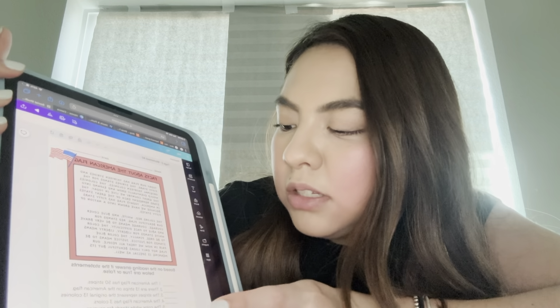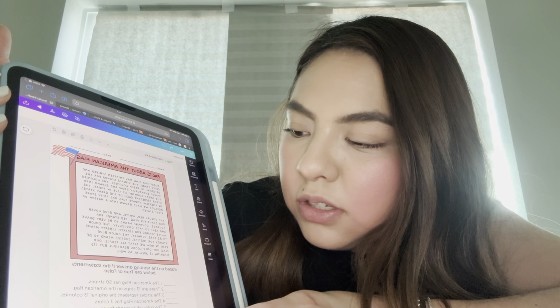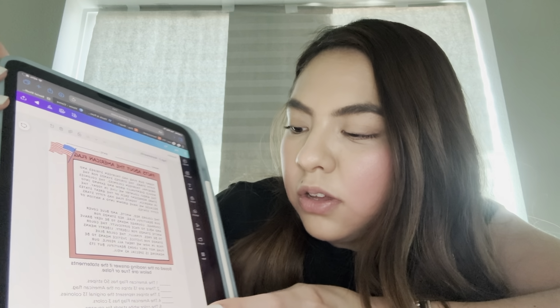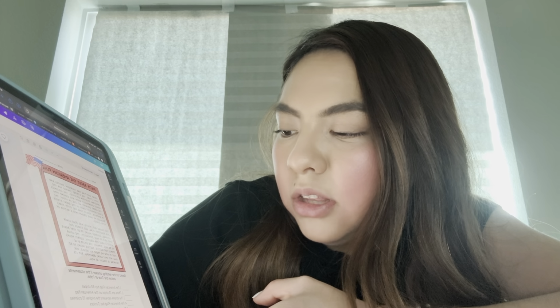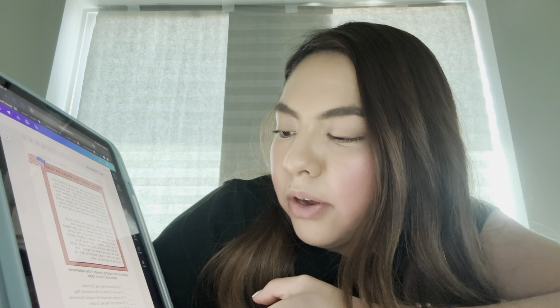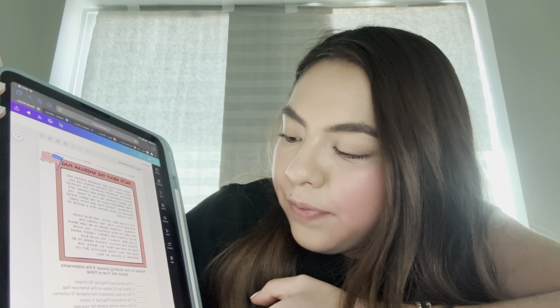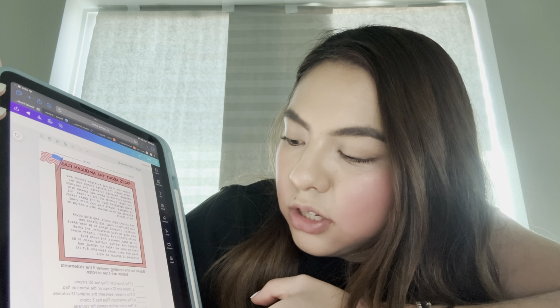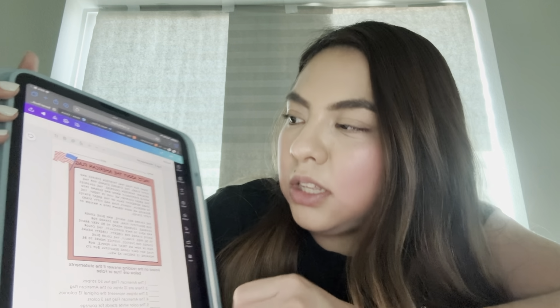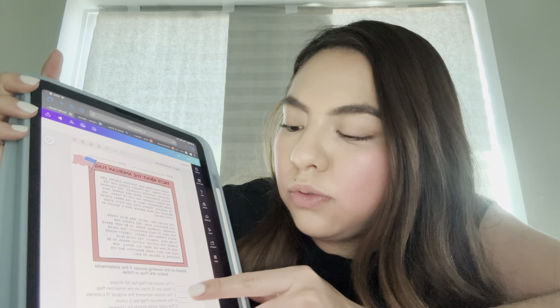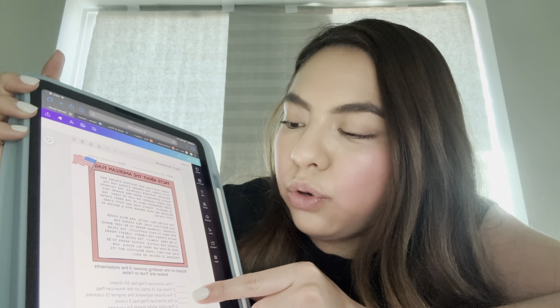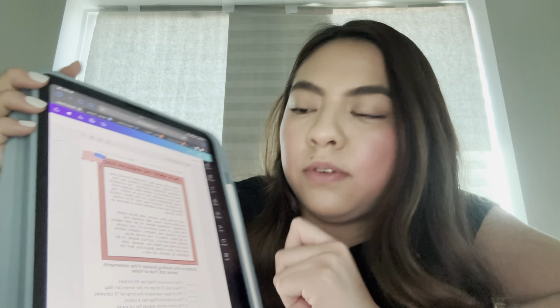It says, based on the reading, answer if the statements below are true or false. The statements are: the American flag has 50 stripes. There are 13 stripes on the American flag. These stripes represent the original 13 colonies. The American flag has 3 colors. The color white stands for courage. The color blue stands for justice. This is just for students to read the paragraph and say if these facts are true or false, depending on the paragraph.